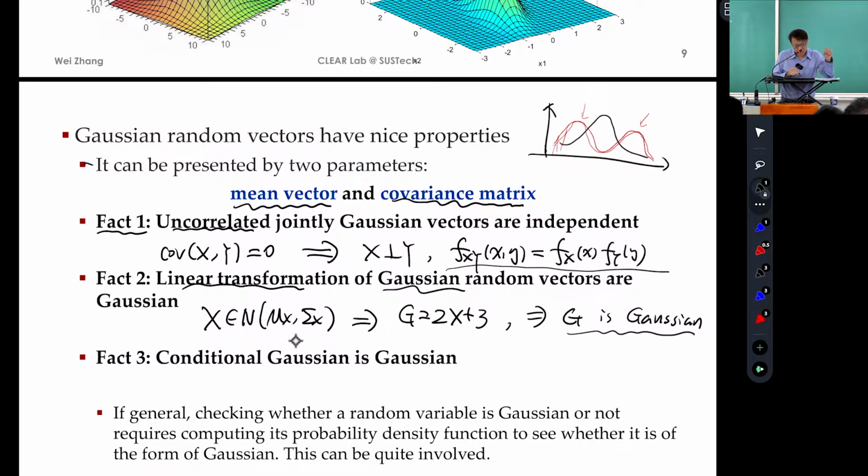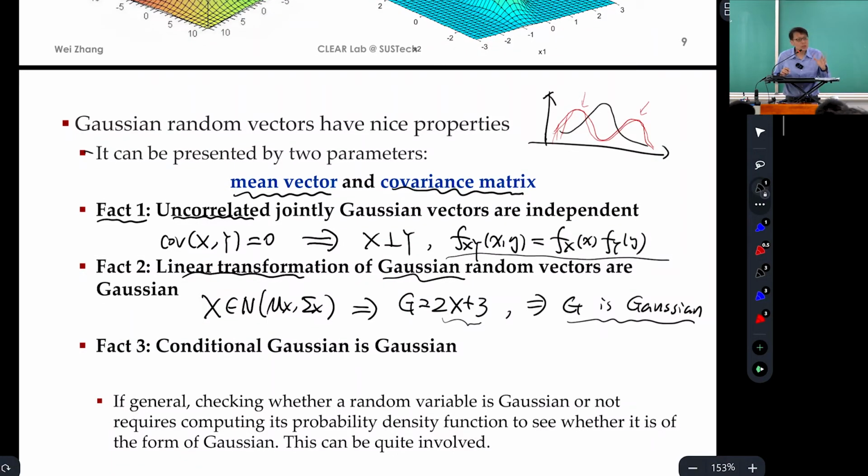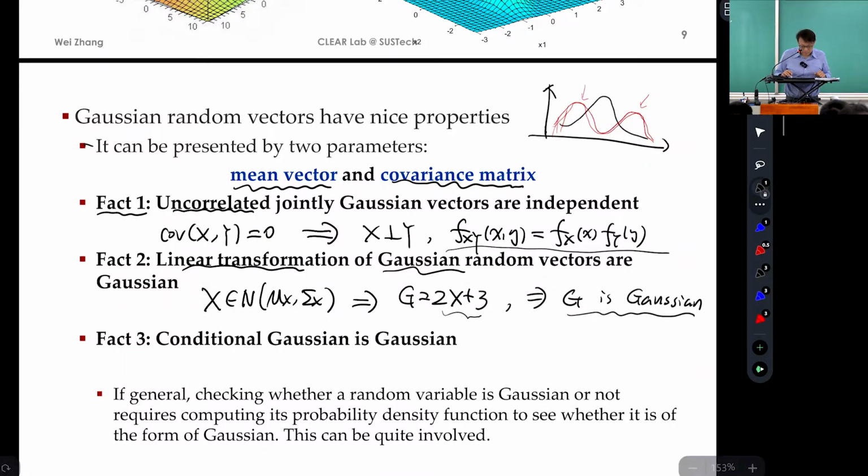If this is Gaussian, that's our assumption, you can compute the density, and then you will realize, oh, it is still Gaussian, because the density is of Gaussian form, maybe with a different mean and covariance. It has different parameter, but it's same form of the Gaussian variables, okay? If you want to check, you have to find the density function. But this is conclusion, whatever linear transformation you have, the result is also a Gaussian.